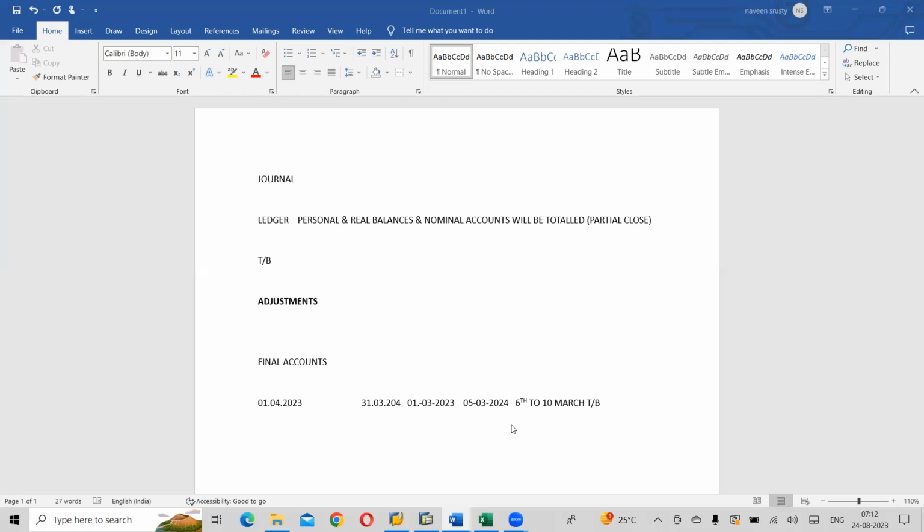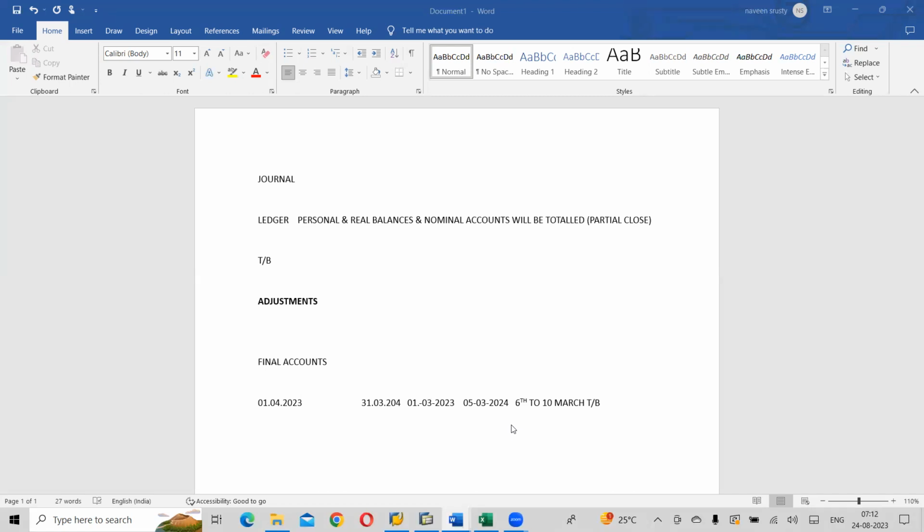If my volume of transactions is low, we will open only one extra period, called the 13th period. If volumes are moderate, we will open two periods, for example 13th and 14th. If volumes are huge, we will open more, 13th, 14th, 15th and 16th.